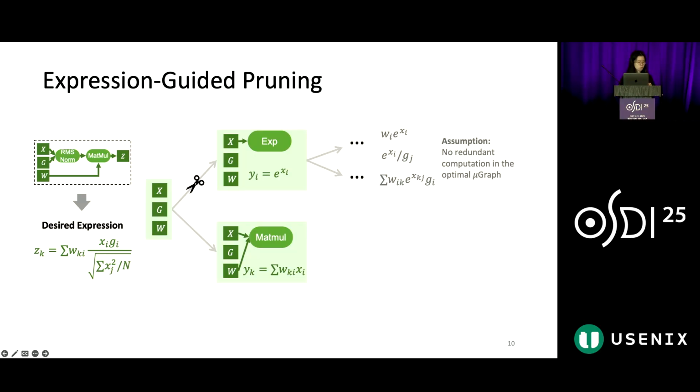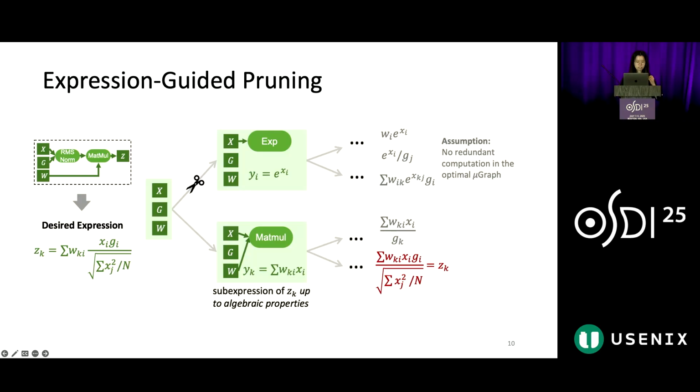In the second branch, we're computing a matrix multiplication between x and w, and the expression is summation over wki times xi. This expression is not directly a substring of the desired expression, but it's actually a sub-expression of the desired one up to some algebraic properties.